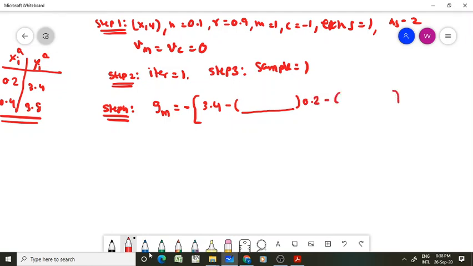We are calculating the gradient based on the point in the next iteration, the estimated point in the next iteration, and here multiplied by 0.2. I think you agree with this expression. This is y x, that's it.